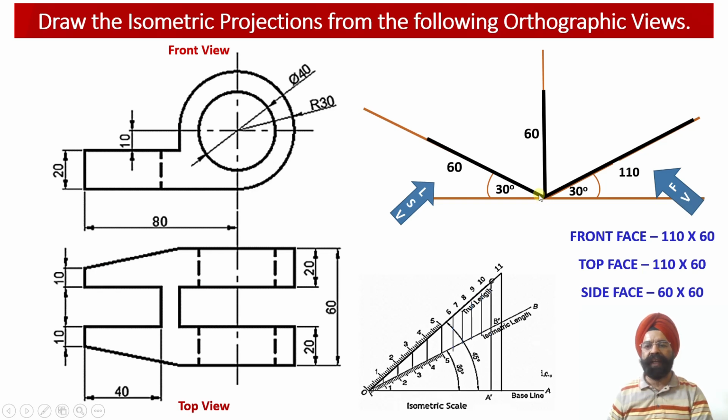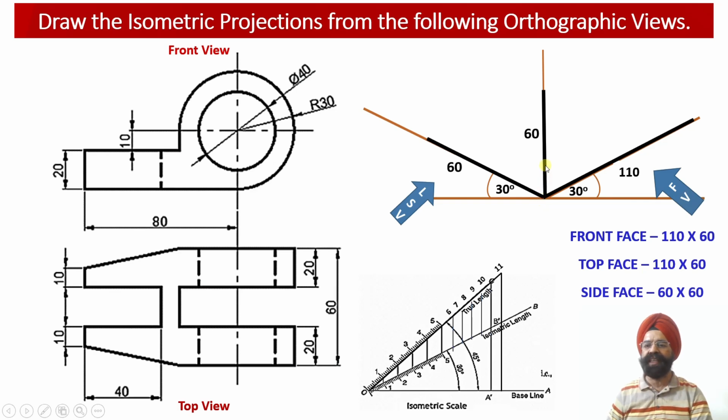From the center point, as we move along the left hand side orientation at an angle of 30 degrees, we obtain the isometric x-axis. From the center point, as we move towards the right hand side orientation at an angle of 30 degrees, this axis we have named as the isometric z-axis.